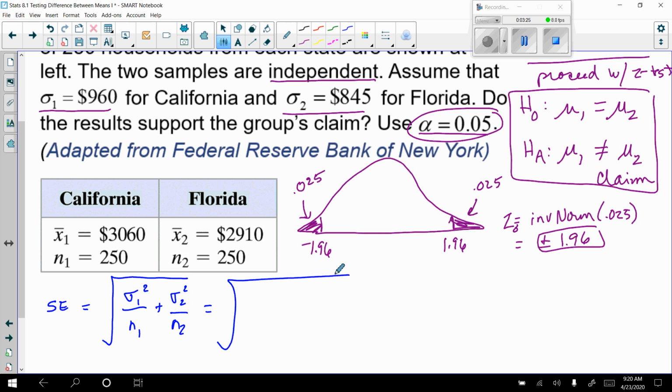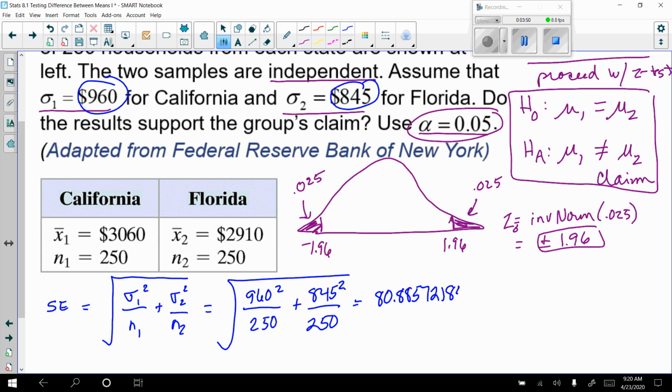That means we're going to do the square root of 960 squared over 250 plus 845 squared over 250. Put that in your calculator and you're going to get 80.885722185.